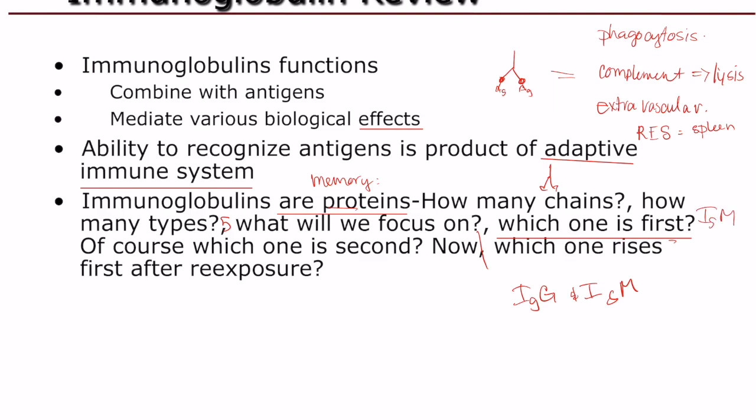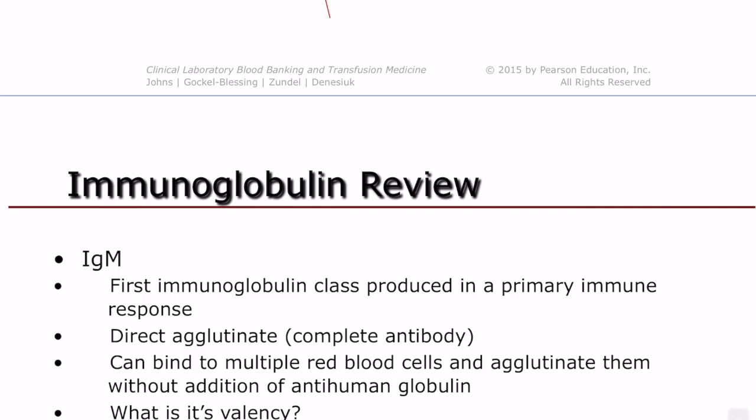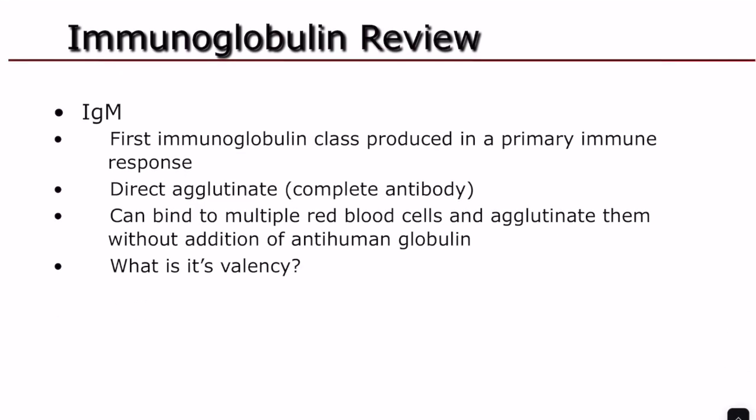IgM will show up first. And of course, you only have one other option for which one shows up second, our IgG. Now, after re-exposure, which one rises first? Our IgG is that one.